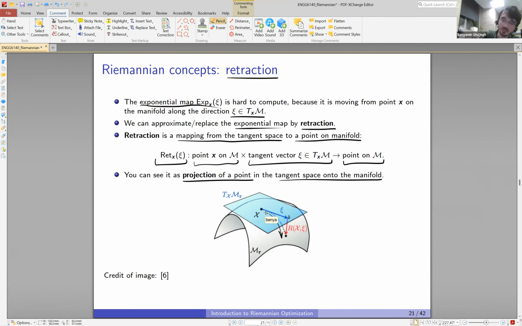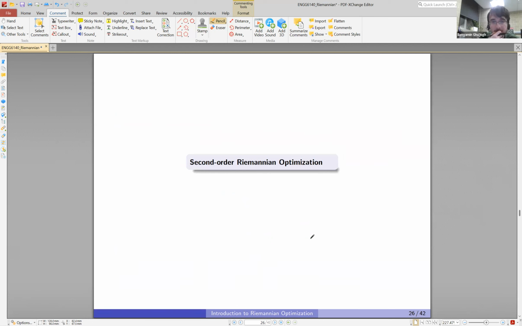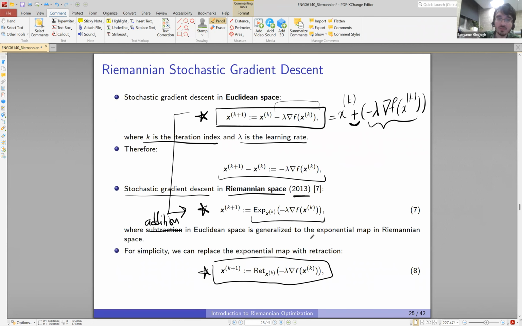We can replace it by retraction, to be simpler. Both work for Riemannian gradient descent. This was an example. We can have other Riemannian first order optimization methods.